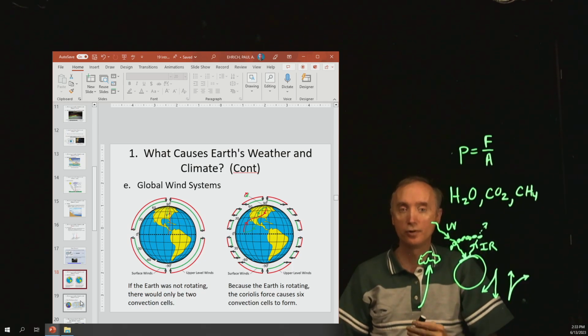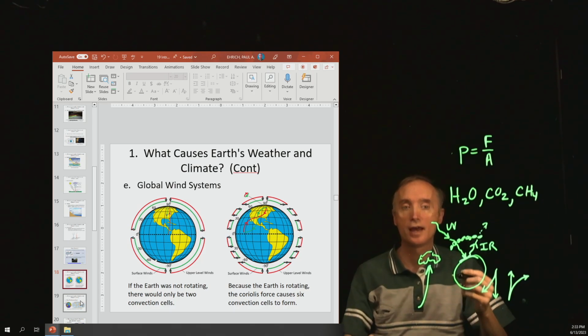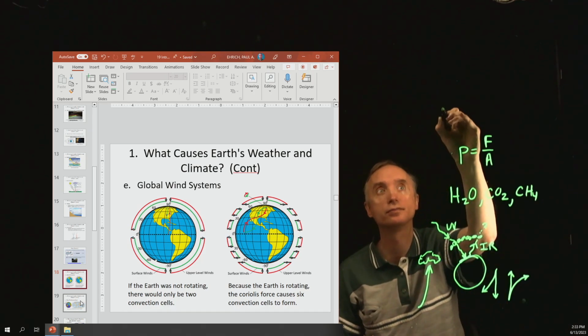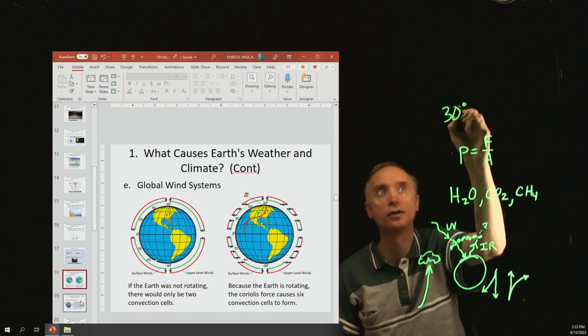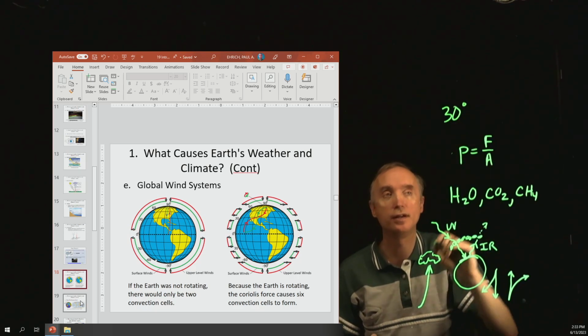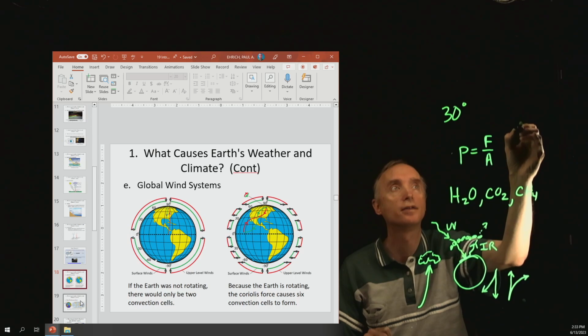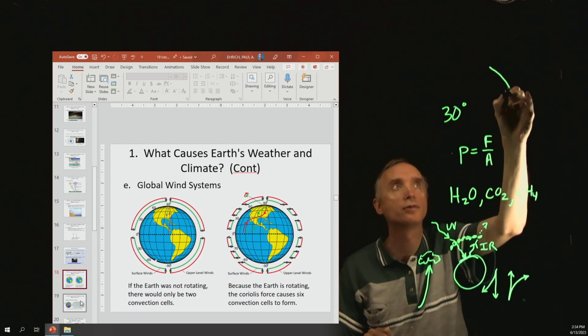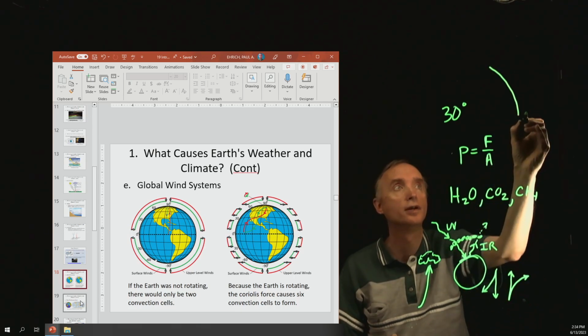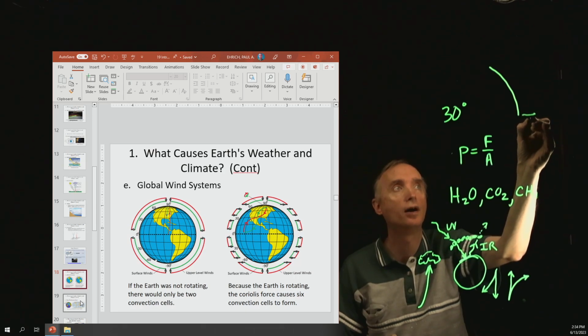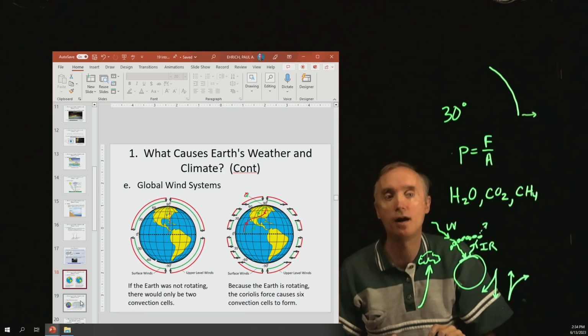Now this is important because at 30 degrees latitude, it just so happens that, let's draw a picture. So here's a quarter of the Earth. The air is going up at the equator because it's very hot.